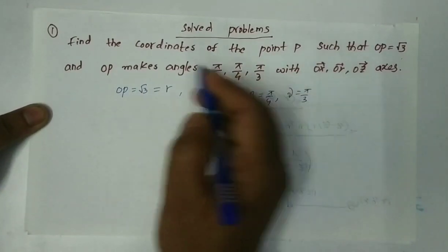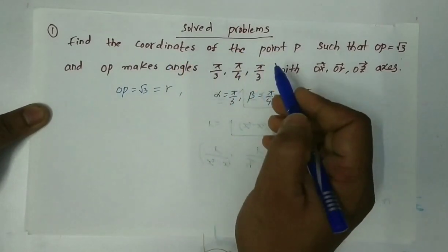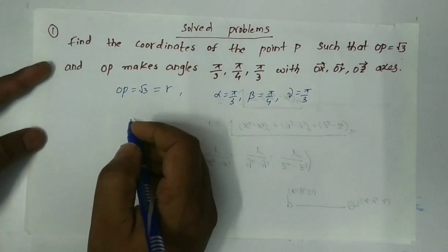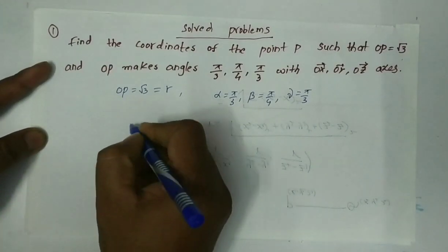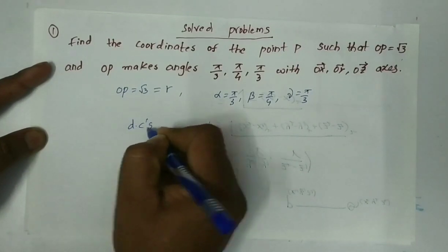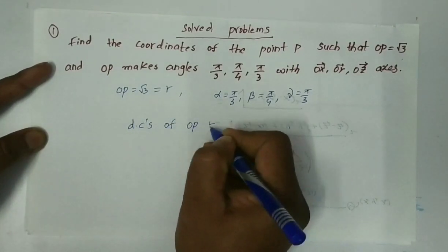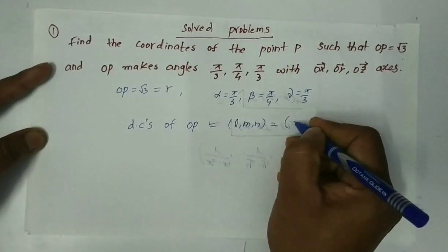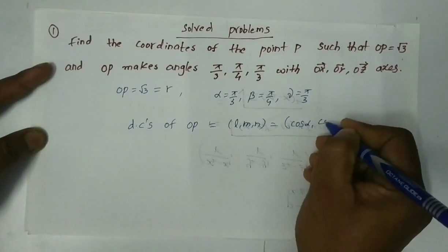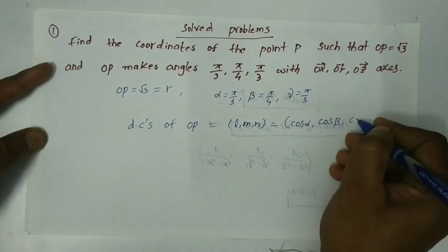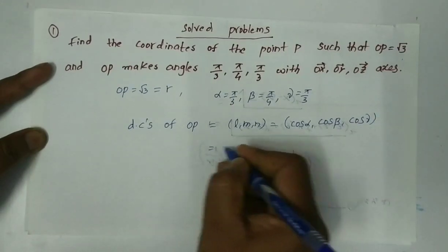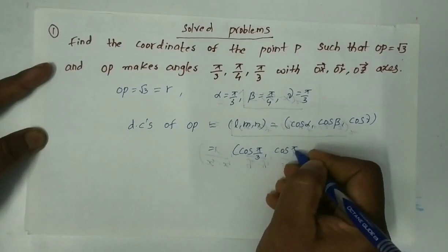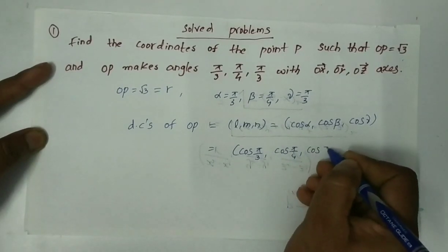We want to find the coordinates of the point P. Already we know that the direction cosines of OP are l, m, n, where l is cos alpha, m is cos beta, n is cos gamma. So they are cos pi by 3, cos pi by 4, cos pi by 3.